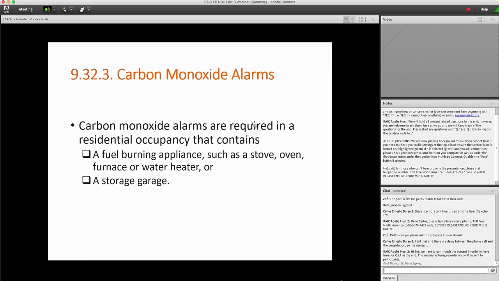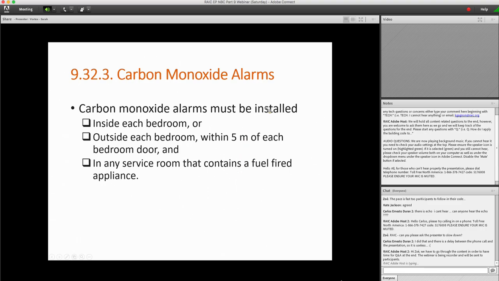Carbon monoxide alarms are required in a residential occupancy where you have a fuel burning appliance, such as a gas stove, oven, a furnace or water heater, or a fireplace, or where you have a storage garage, so where you have the potential for emissions from a vehicle to contain carbon monoxide.